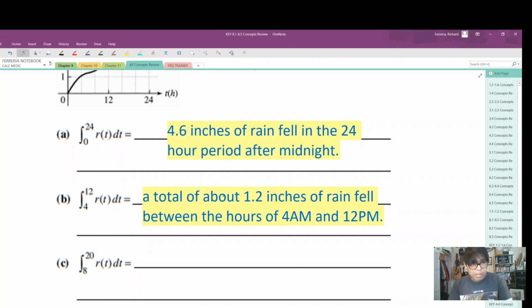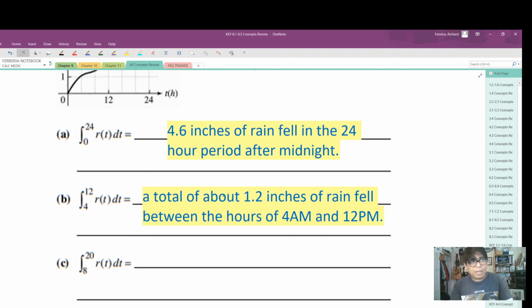2c. Just to drive that point home even further, we've got the integral of R as t goes from 8 to 20. Just like before, this is the amount of rain that fell, except now we're looking at between t equals 8 and t equals 20.